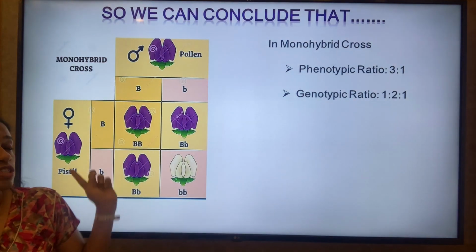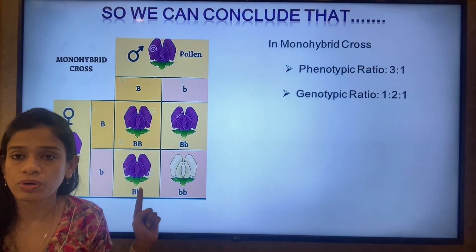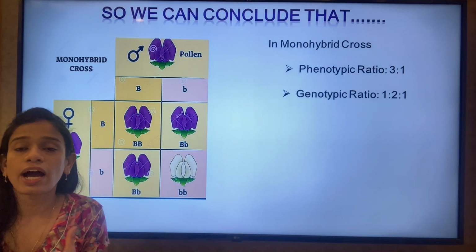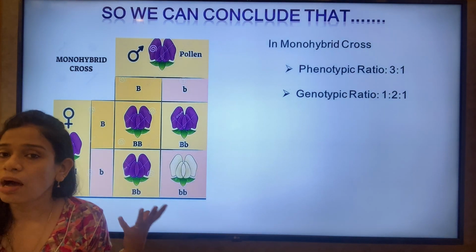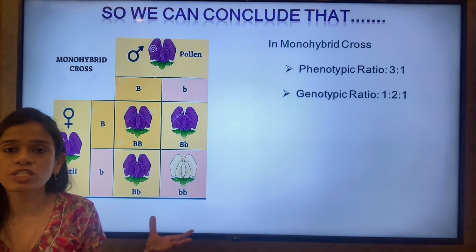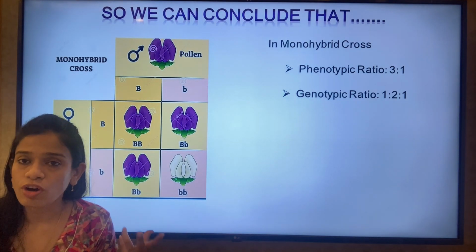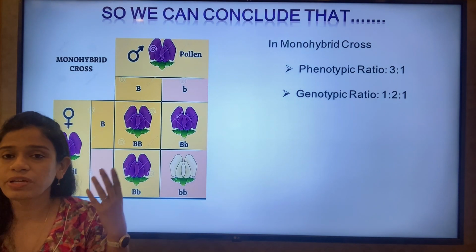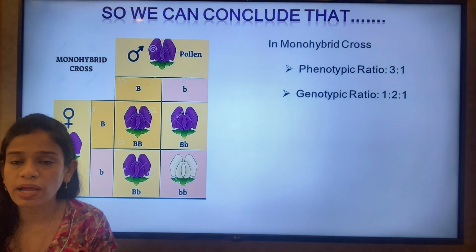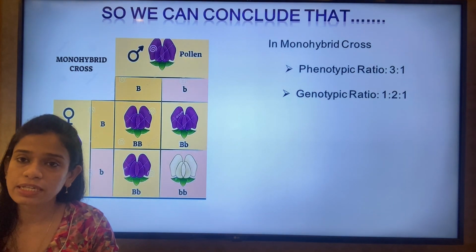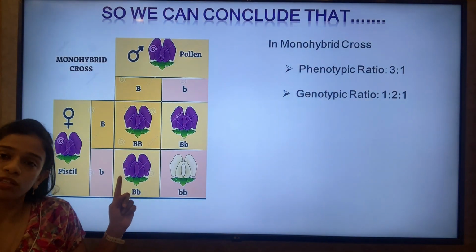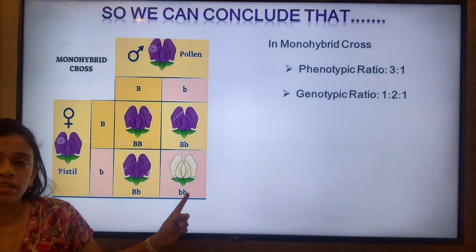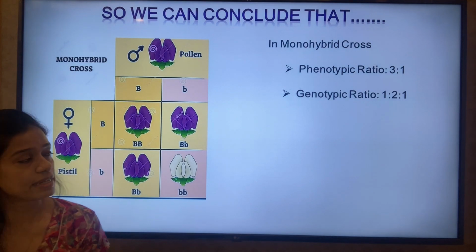So this is known as a checkerboard. When you are asked to do a checkerboard and find out the number of offsprings showing one of the traits, might be a violet color, might be a tall plant, might be a round seed, which are the dominant ones, these three are showing the dominant trait, whereas the last one shows the recessive trait.